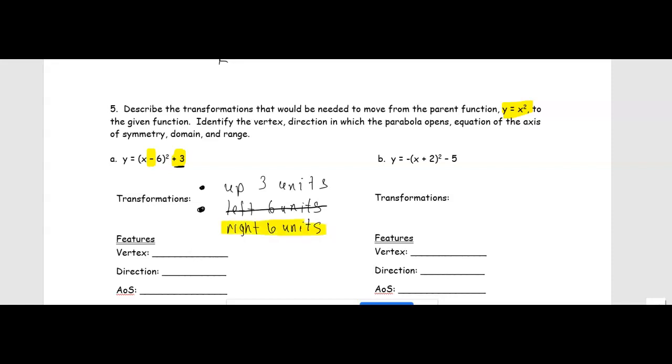You weren't alone, Nora. A lot of people agreed with you, so no need to feel bad. All right. So now with that, if we went right 6 units and then we go up 3 units, tell me what your vertex is. If the original vertex was 0, 0, so if I graph this original function here, if that vertex is 0, 0, and we went right 6 and up 3, where is our vertex now?